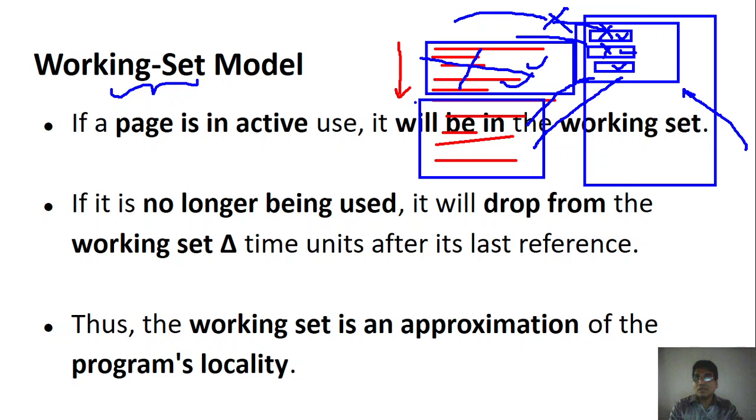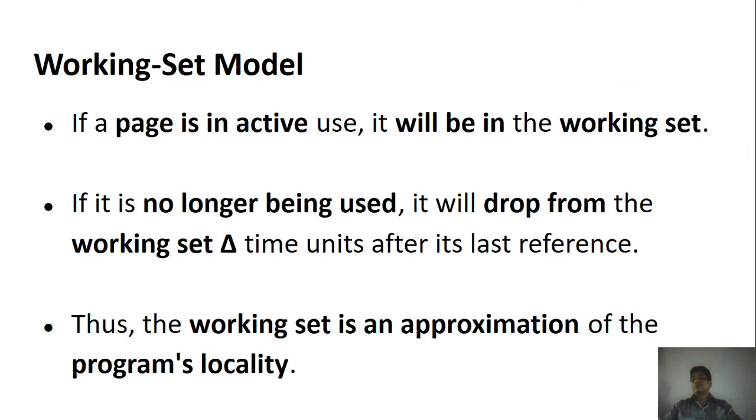So if the program is in this locality or this working set, load all these active pages into the memory and remove the pages corresponding to this set. In other words, remove the pages which are no longer being used from this set, and keep only the active pages over here.